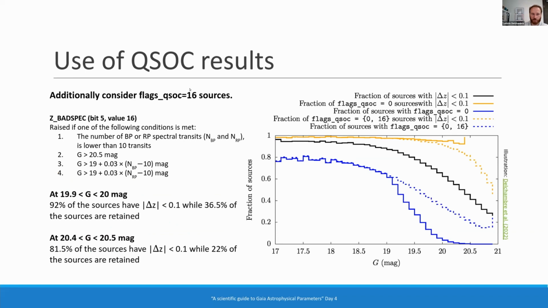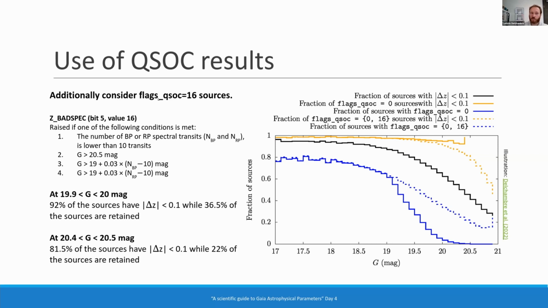As a reminder, this is the bad spec warning flag, whose value is 16. And that is raised only if we don't have a sufficient number of transits, or much higher, faint magnitudes, or a combination of both. So lower quality spectrum.